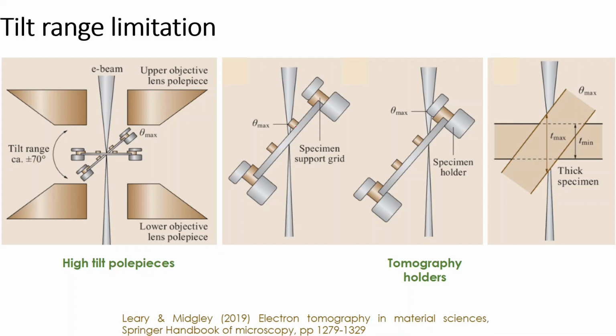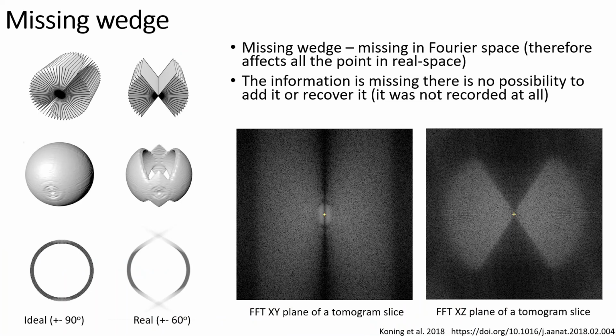For example, the grid bars or the clip rings that we have around the sample may get in the way of the electrons that are passing through our sample, and therefore limit the useful tilt range plus the useful imaging area on our sample. What this will end up is that we cannot rotate our sample to a 90-degree rotation, because we are not able to get an image from this.